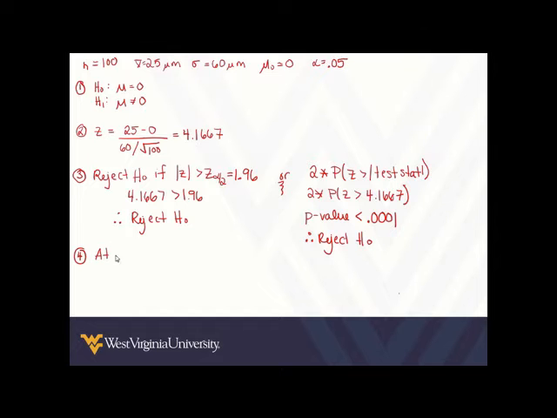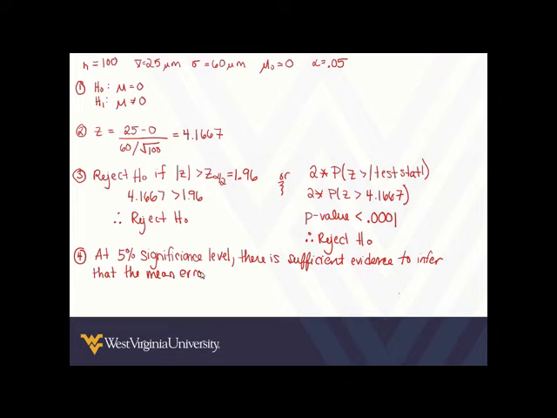So we can say at the 5% significance level, there is sufficient evidence to infer that the mean error is not 0 μm, and the laser is not properly calibrated.